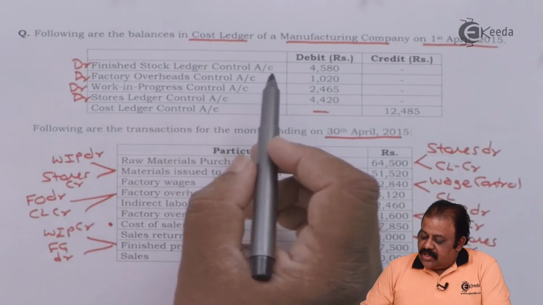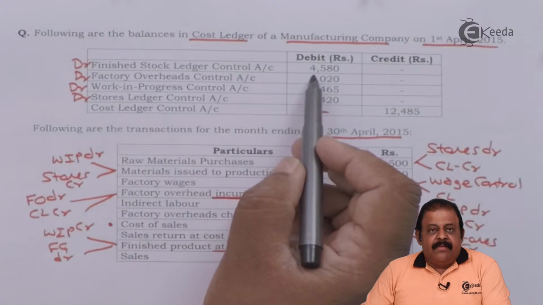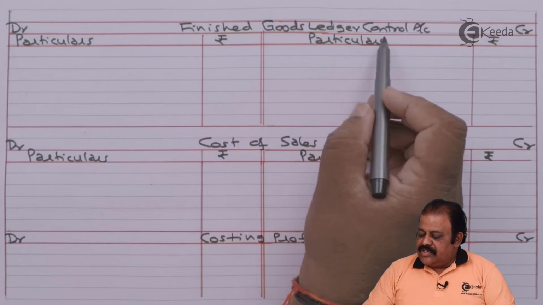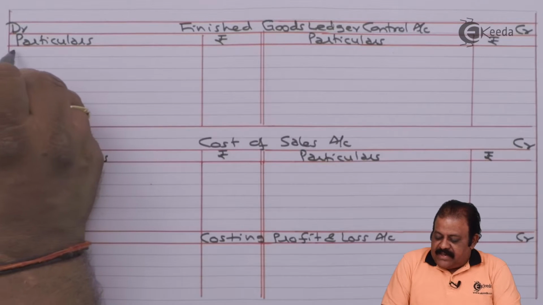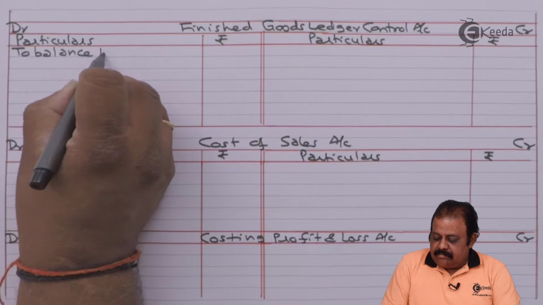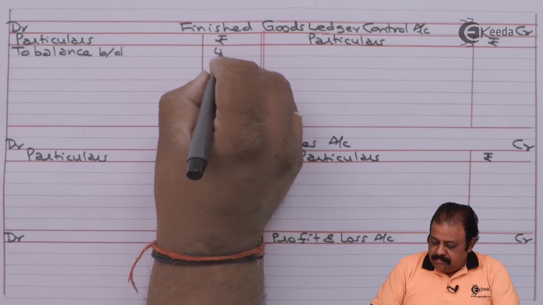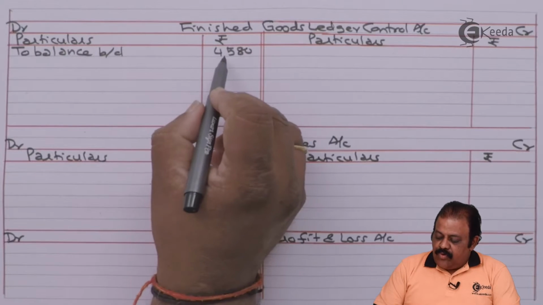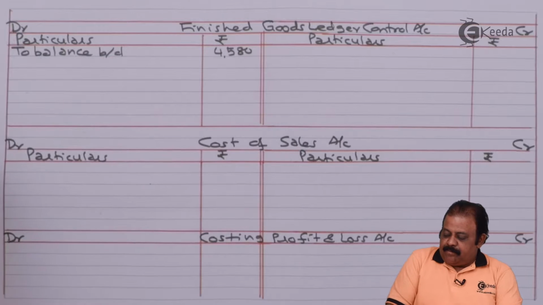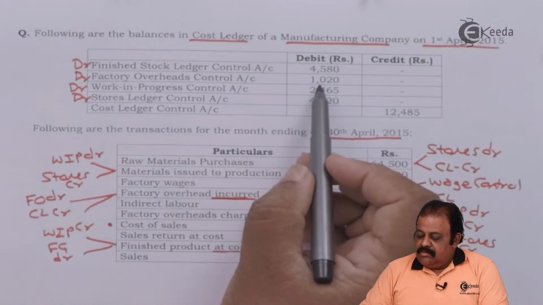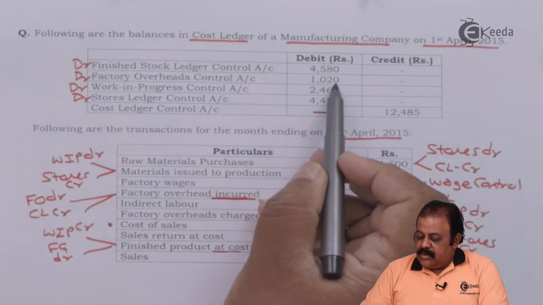Finished stock ledger control account, opening debit balance 4,580. In the finished goods ledger control account, on the debit side this will be recorded as to balance brought down 4,580. Factory overheads control account, debit balance 1,020.